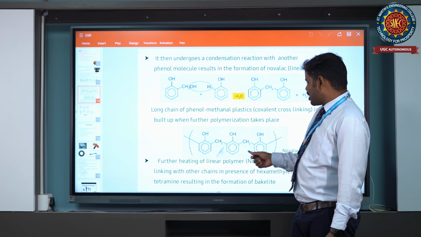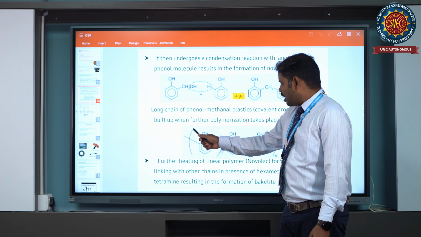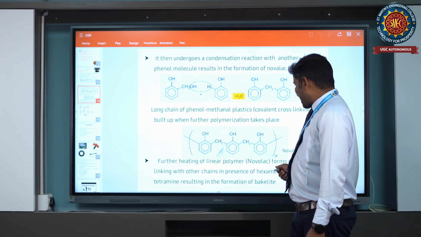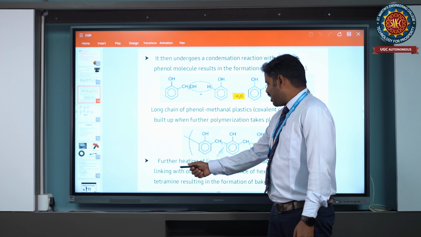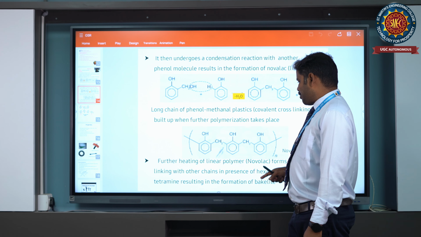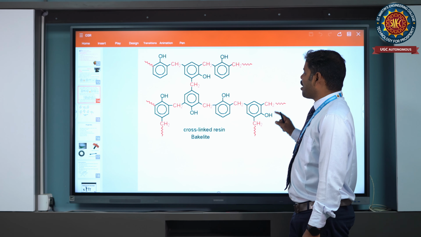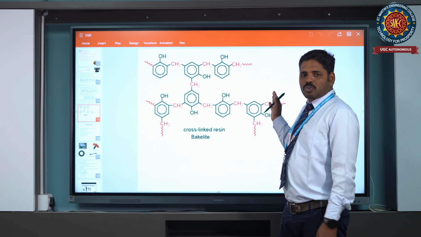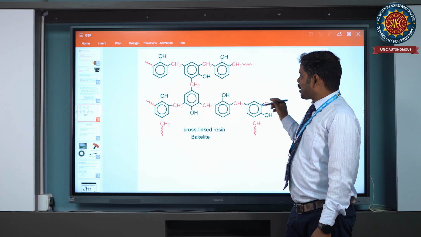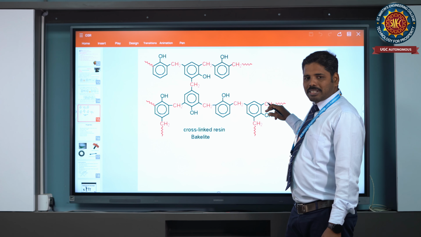Here, this image shows that three-dimensional structure. It is Bakelite, represented as polymer molecules. Further, heating the linear polymer forms cross-linked polymers in the presence of hexamethylenetetramine, resulting in the formation of Bakelite. This slide shows it clearly. Bakelite cross-linked polymers are three-dimensional polymers.